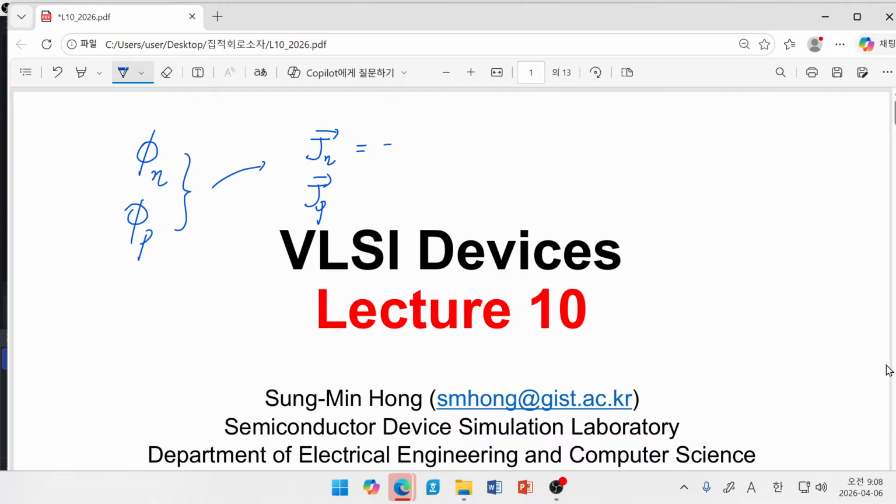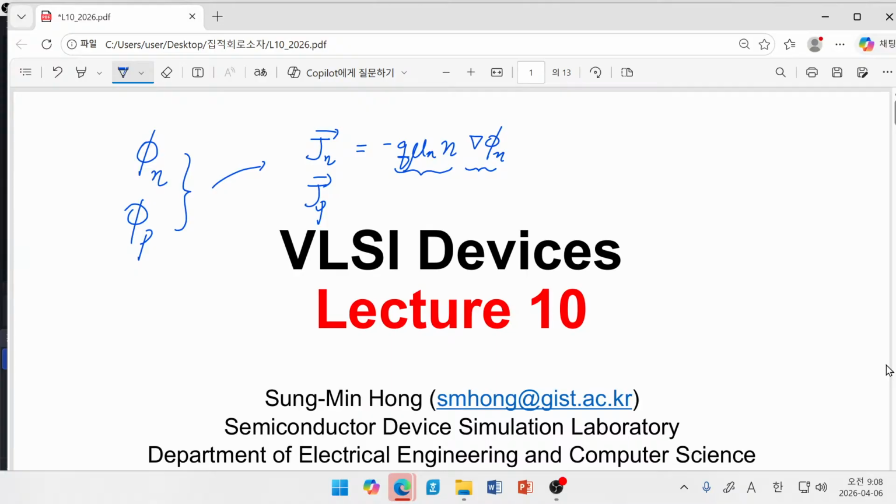For example, for electrons, we will have just a simple expression. This component corresponds to the conductivity of our electron gas, and this gradient of the electron quasi-Fermi potential works as a driving force of this current conduction.